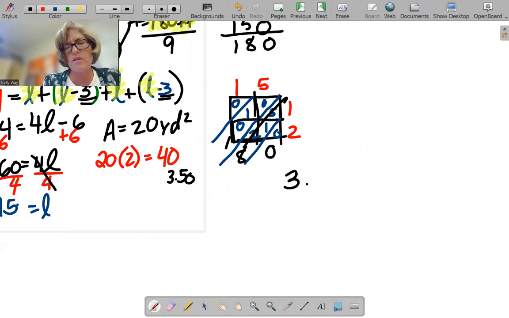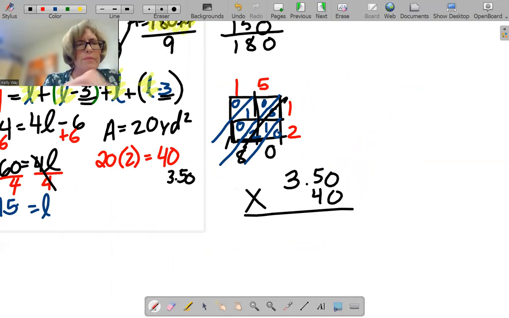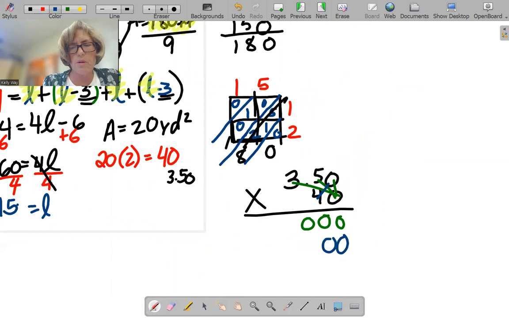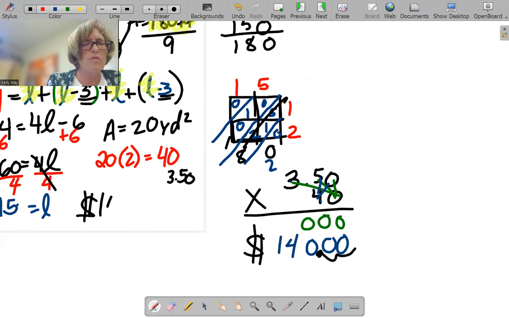So I'm going to go like this, 350 times 40 in the margin. 0, 0, 0. Bring down a 0. That's 0. 20, carry the 2. That's 12, 13, 14. 2 zeros over. $140.